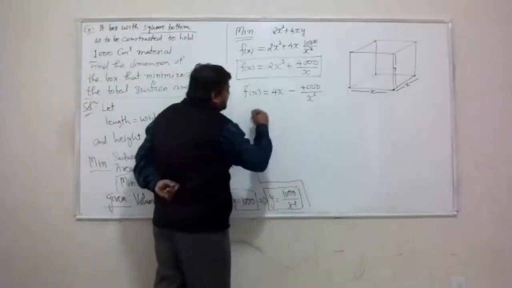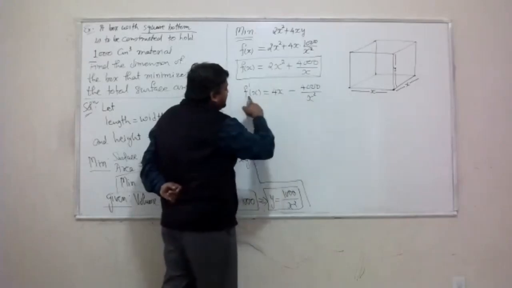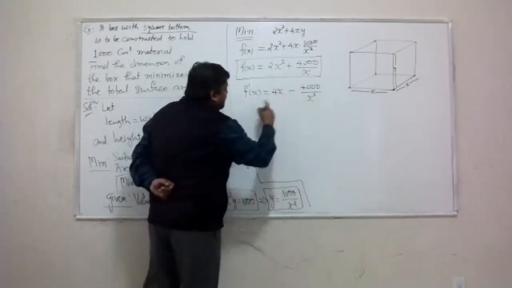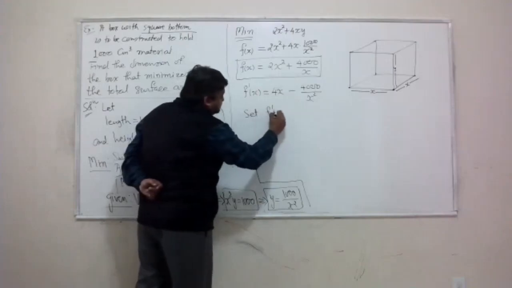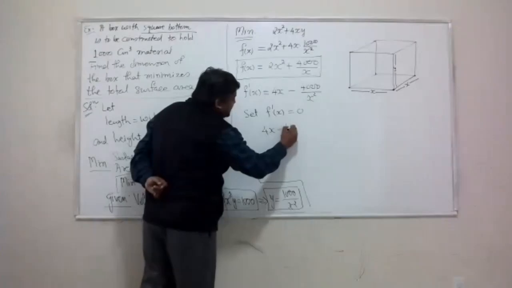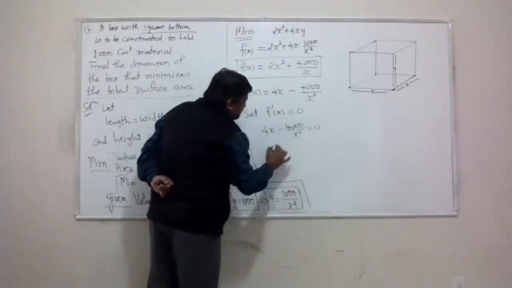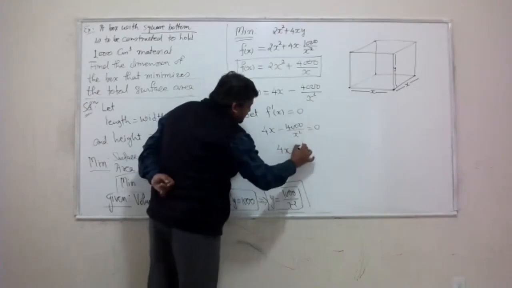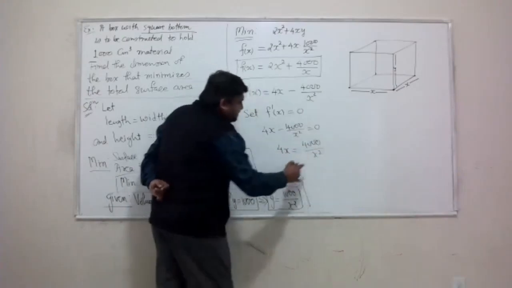How do we find the critical points? Remember, since we are using the second derivative test, I'm only going to set f prime x equal to 0. I get 4x minus 4000 over x squared equal to 0. I get 4x equal to 4000 over x squared. Let's simplify this.